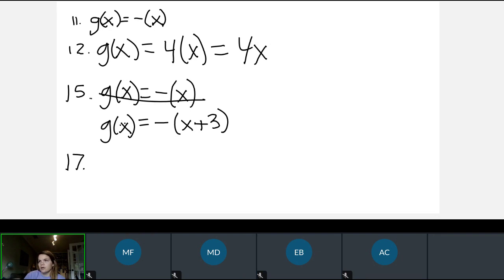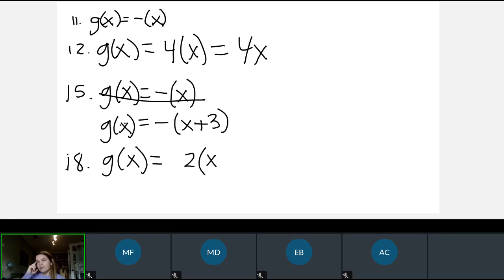Actually, let's do number 18 together to finish off. So number 18 says, all right, you've got a vertical stretch by a factor of 2. So that means I'm going to have a 2 out in front of my x. Okay. Translated 7 left.